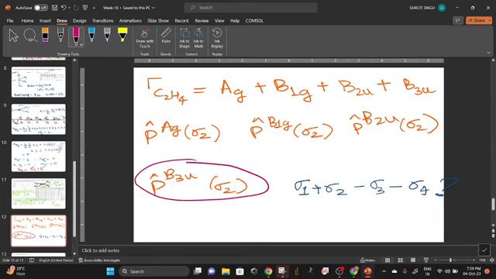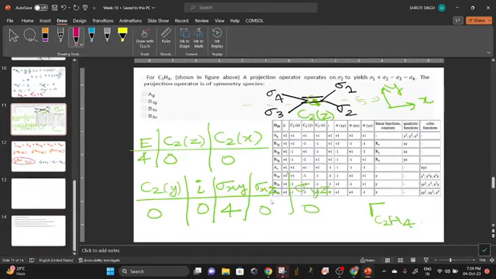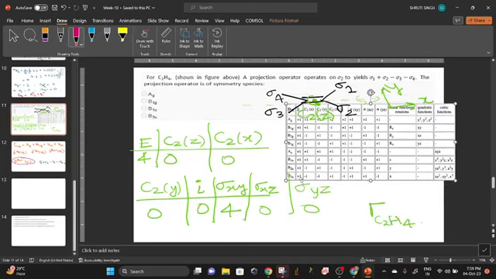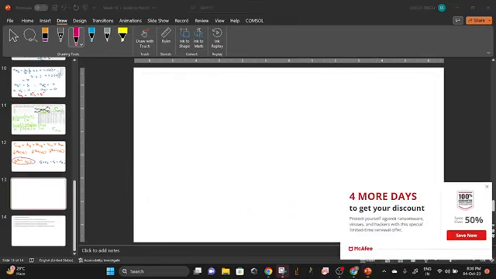So how is it the correct one? Here we have this character table. B3u is this last row: plus 1, minus 1, minus 1, plus 1, minus 1, plus 1, plus 1, minus 1. I'm going to write the same characters from here.